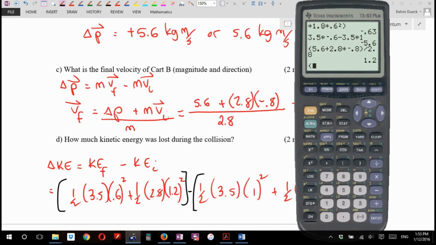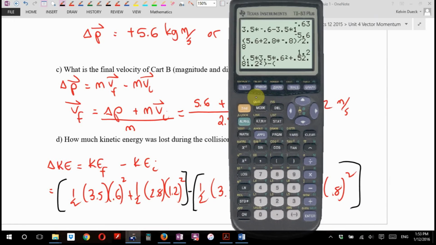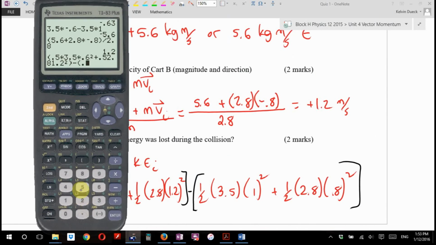Bracket 0.5 times 3.5 times 0.6 squared plus 0.5 times 2.8 times 1.2 squared. Close bracket. Take away bracket, a half m 1 squared plus a half m 0.8 squared, close bracket.